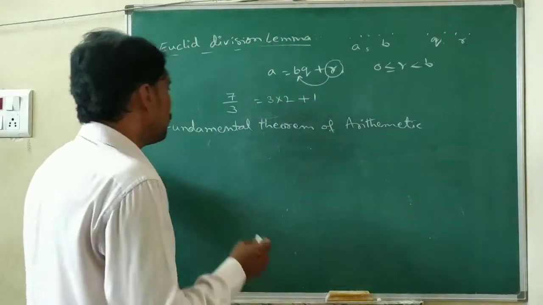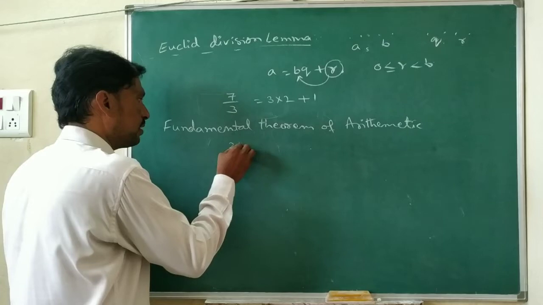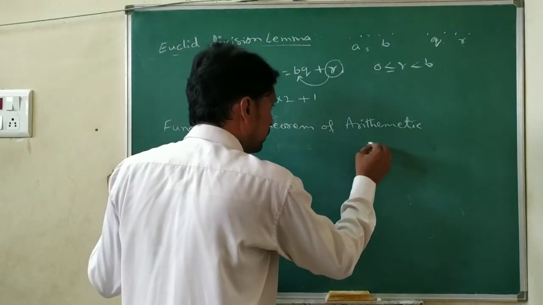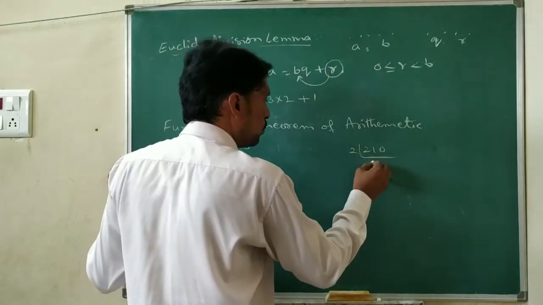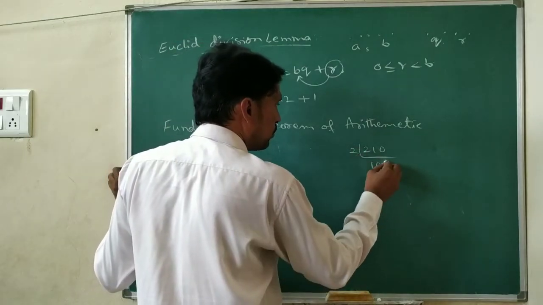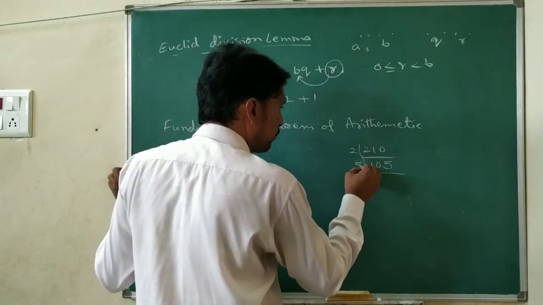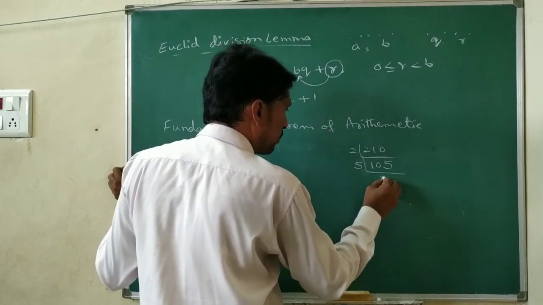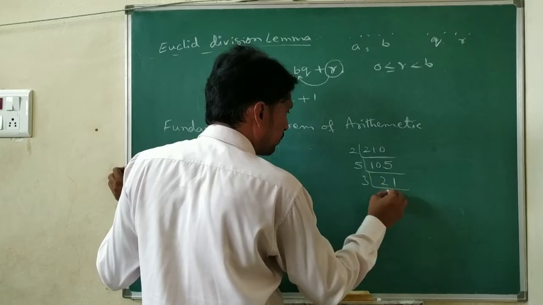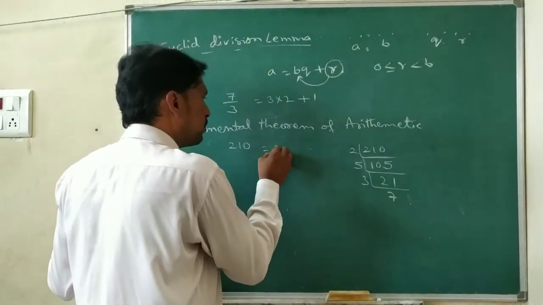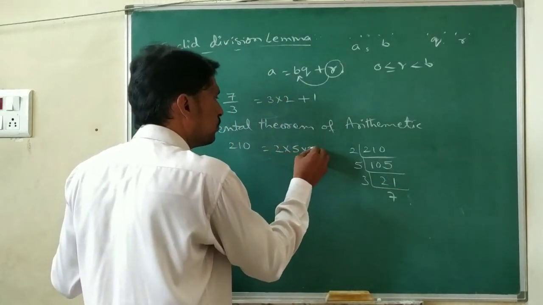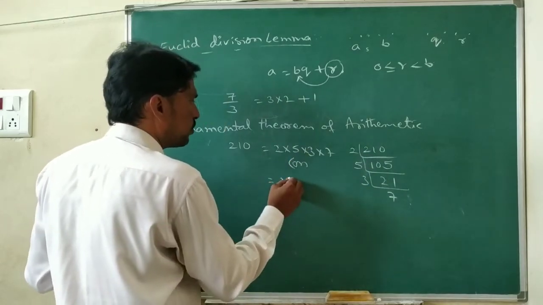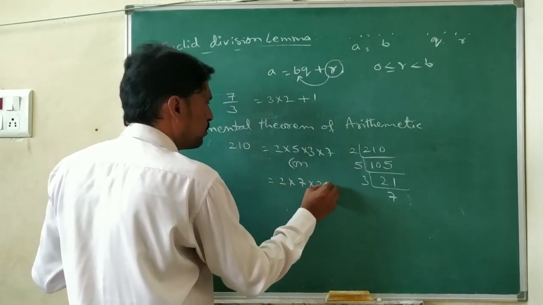That means, for example, take the number 210. How do we write the prime factors? 2 fives are 10, 2 tens are 20 ... so 210 is 2 into 5 into 3 into 7, or you can write 2 into 7 into 3 into 5.